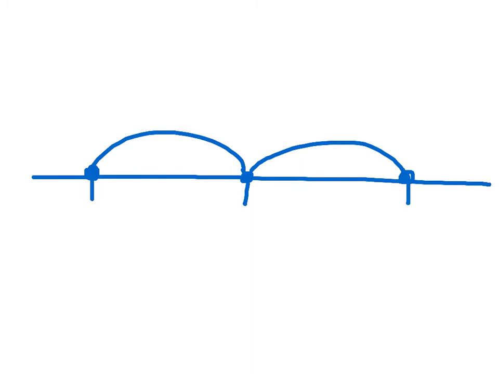Right, if we were to mark this off, let's just say they were equal increments. There's 3, there's 3 this way. Let's just say this is 0. And Natalie, she jumped 3 over here to the right. We'll say that's 3.